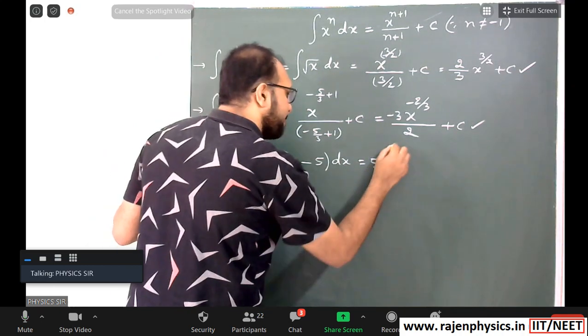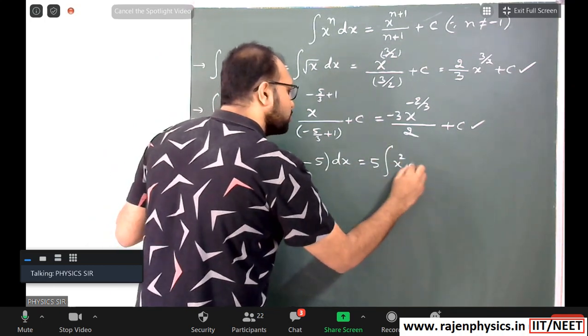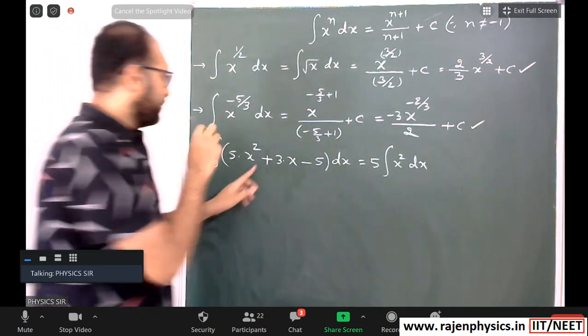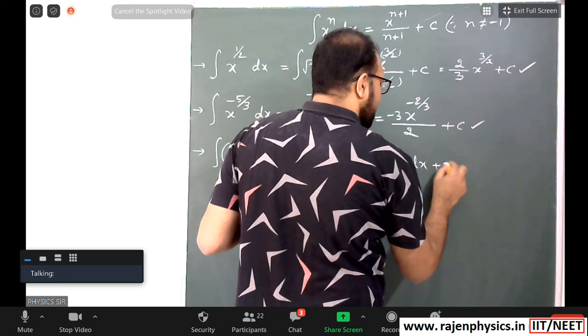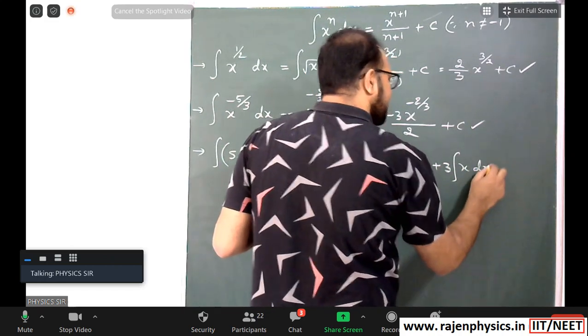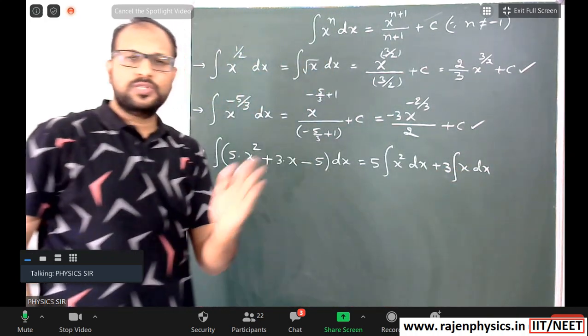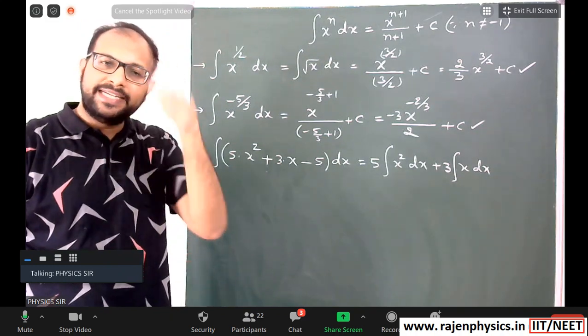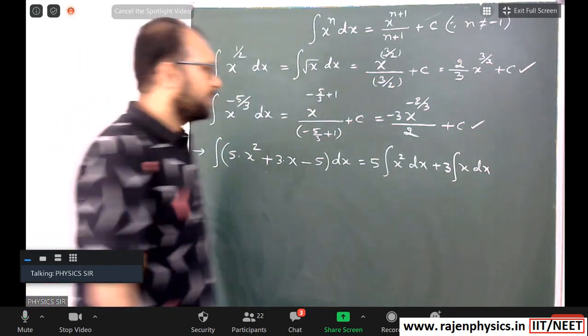5 integral x square dx, that is the first term, plus 3 outside x dx, because constants outside. Suppose kx, k outside, integral x dx only.